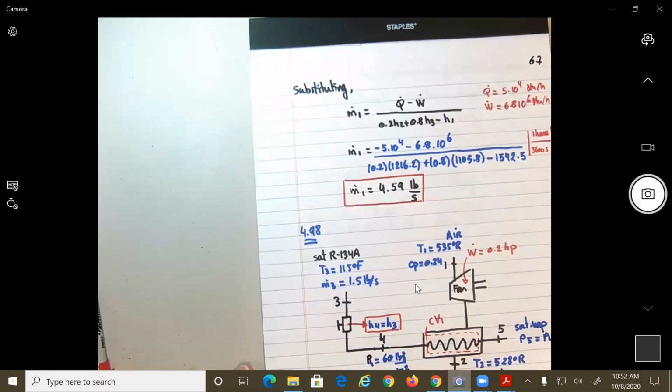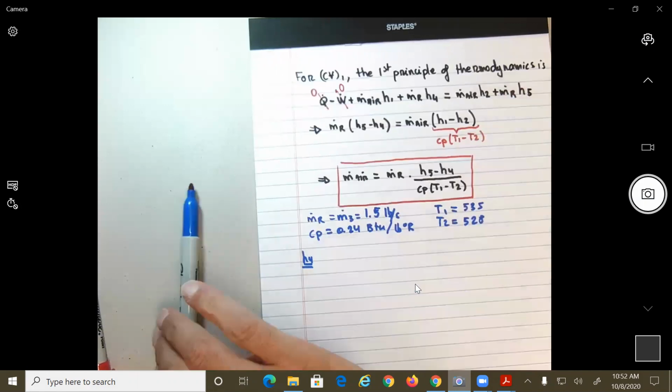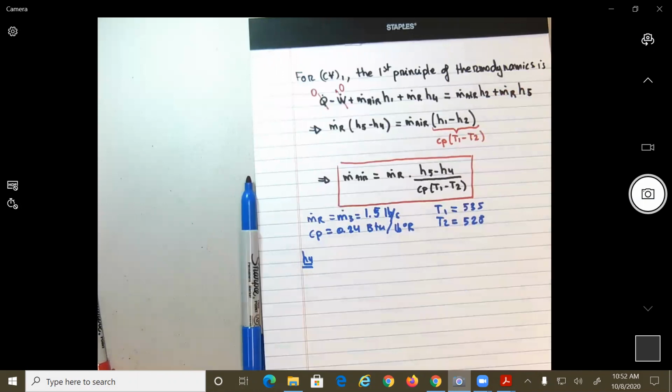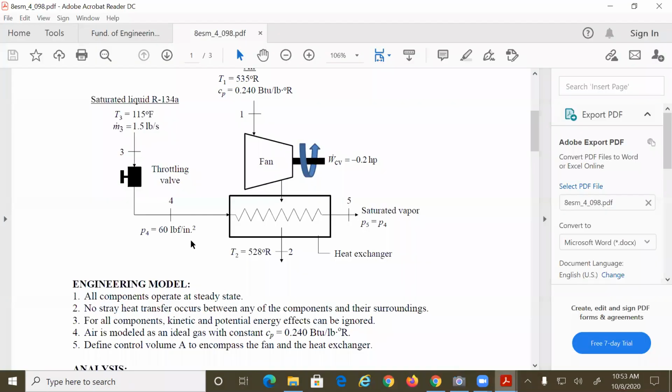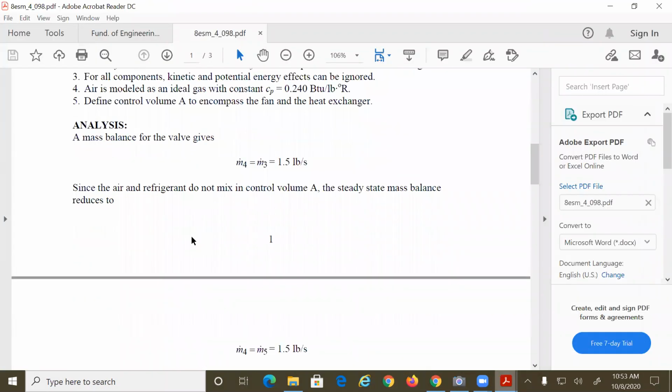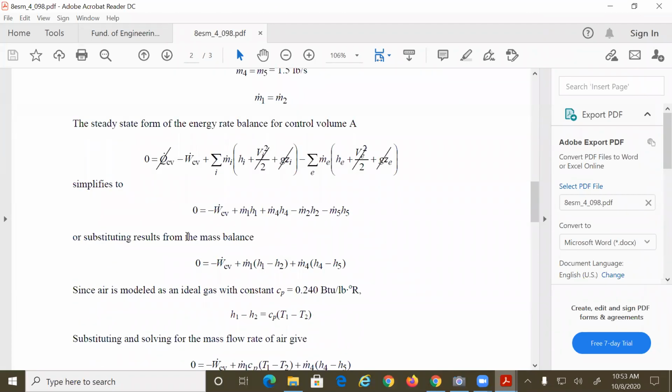Alright, so let's go find the tables for the refrigerant. So in English units, let me save some time to see what is the number of the table. Why do they have the work here?